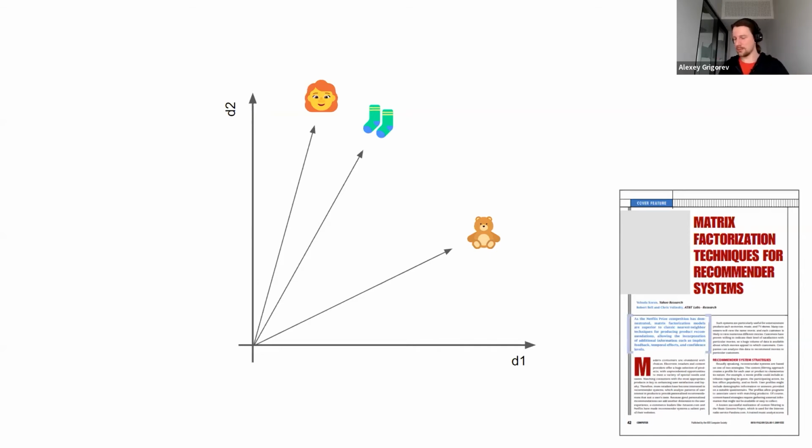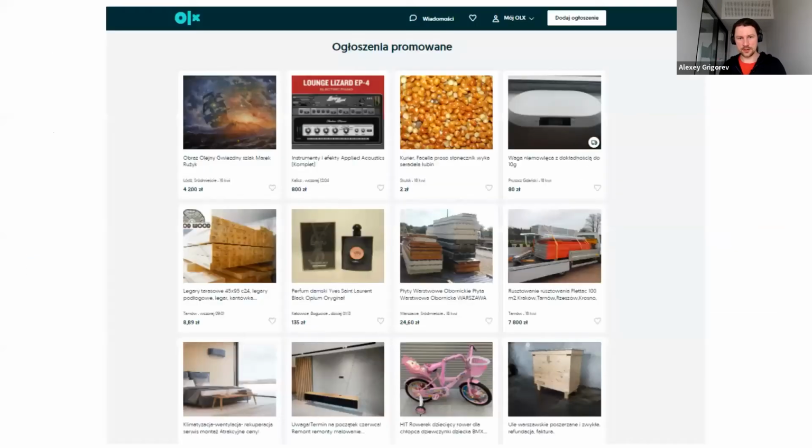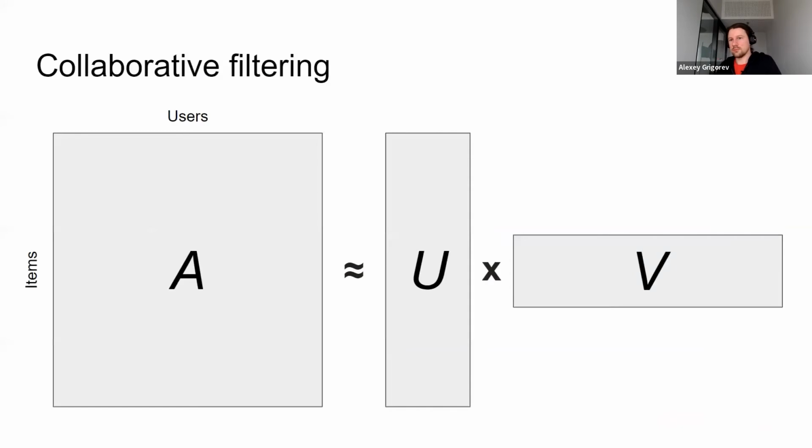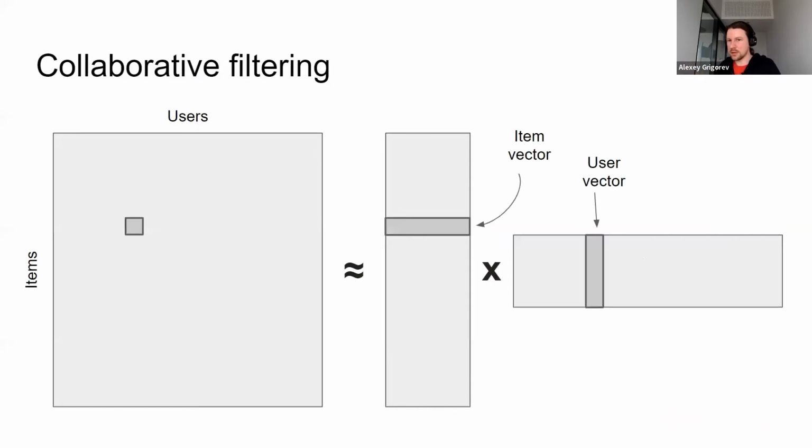Then we use things from linear algebra, from mathematics, to actually come up with these recommendations. We save these vectors to some database, and then we can look up similar ones. So this is how it works.